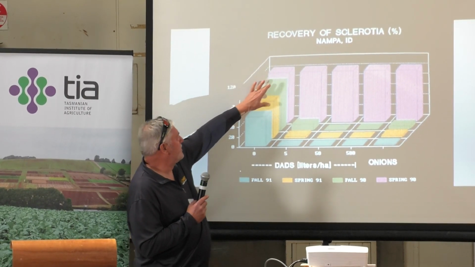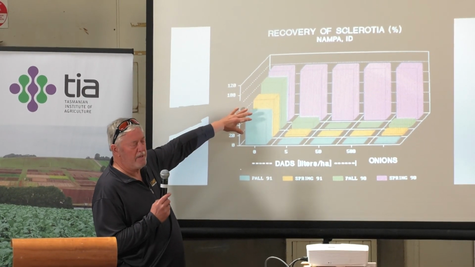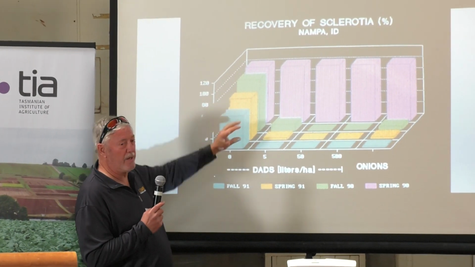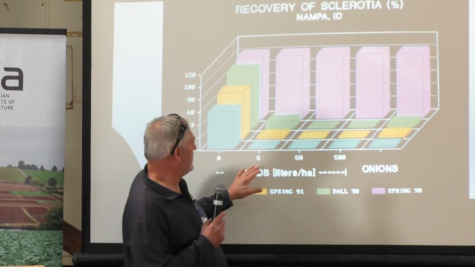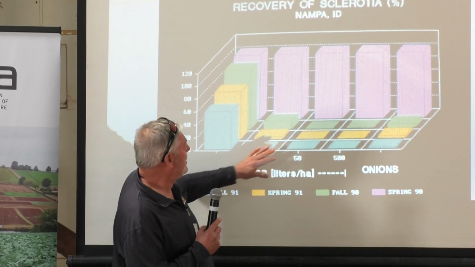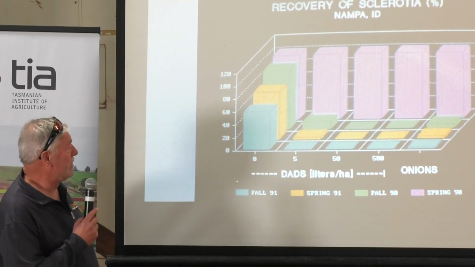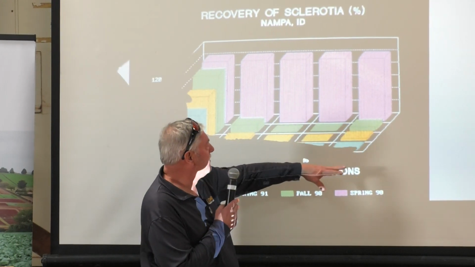And over time, white rot slowly dies off, but it never gets to the point where you would ever replant into it. This is still way too high to live with. But at increasing levels of DADS applications, we were getting rid of 98, 99% of the sclerotia in the soil. But onions did the same thing.